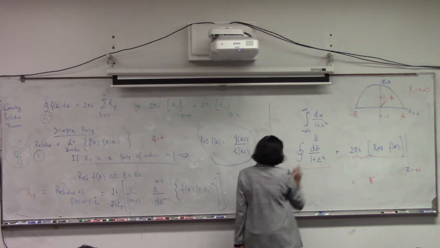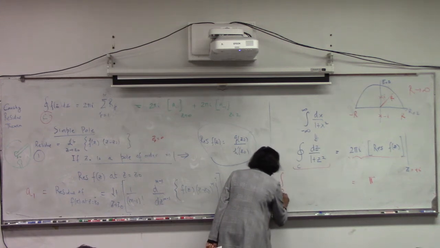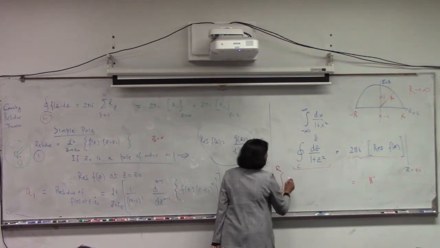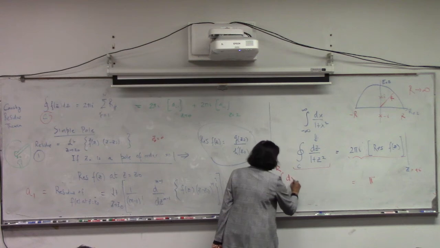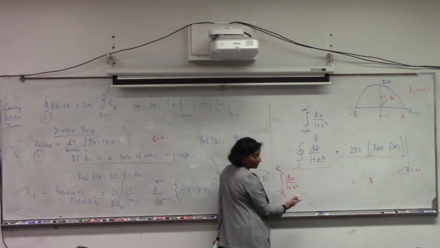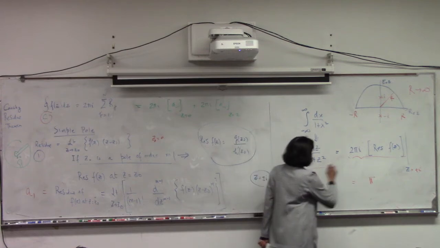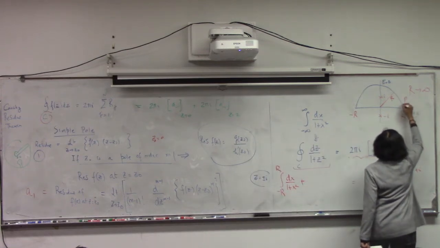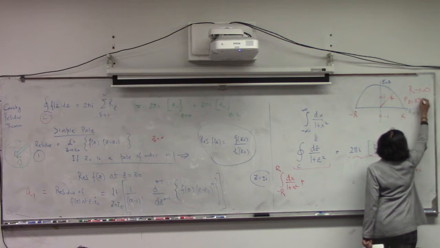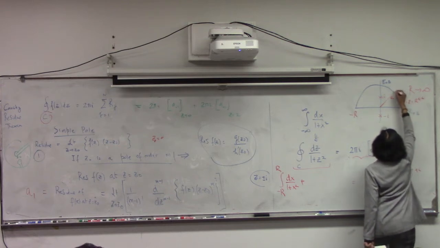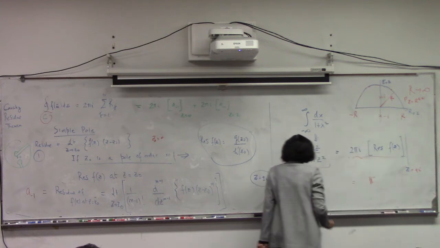This is, I'm going from minus r to plus r. I'm traversing on the real axis, so I can write it as 1 plus x squared. And then when I'm on the upper half plane, its complex variable is z, which is r exponential i theta everywhere here, right?